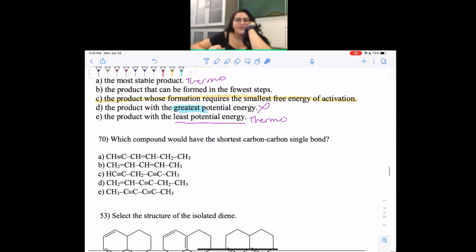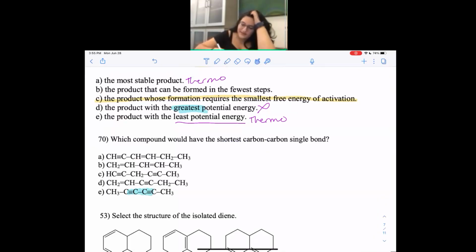Okay, I'm going to give you the answer for 70, but don't worry too much about it. All you have to know is single bonds get shorter when they're close to double and triple bonds. If you're looking for the shortest single bond, you'll find it here because it's a single bond in between two triple bonds, so it's going to be extra short.